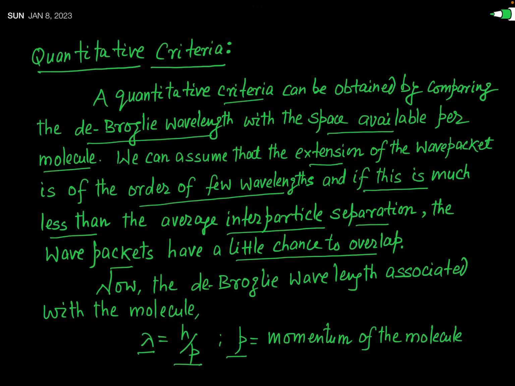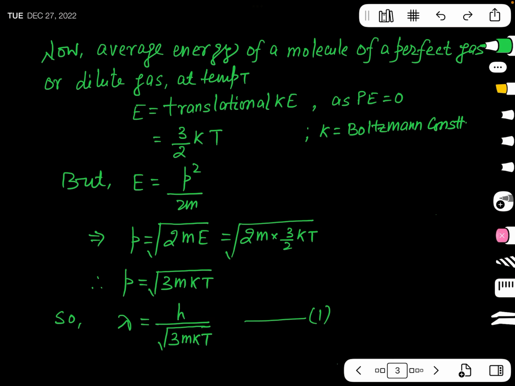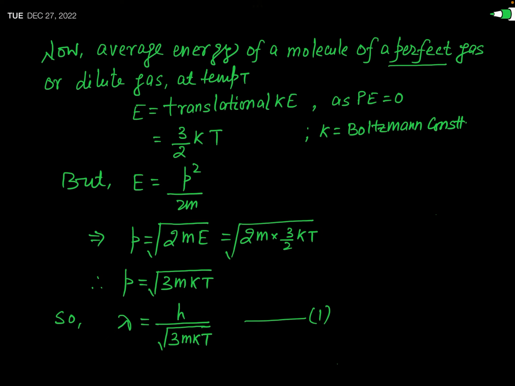Now, consider that our system is in thermal equilibrium at a temperature T, and the system is treated like a perfect gas. For a perfect gas or a dilute gas, the intermolecular interaction is negligible.